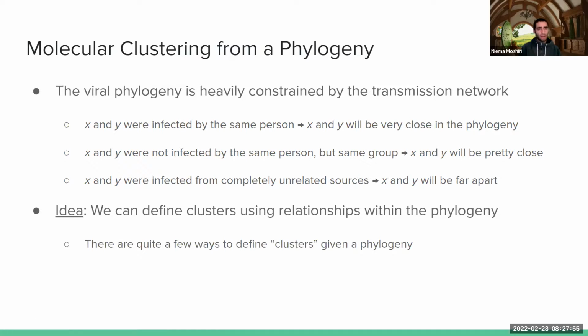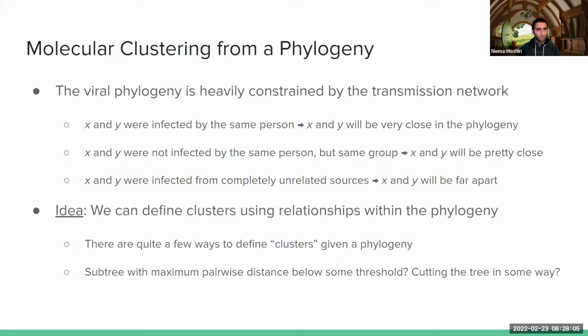And there's quite a few ways to define clusters given an evolutionary tree. Maybe you define them as like all subtrees where the maximum pairwise distance is below some threshold. Maybe you define it as I cut the tree in some way. Maybe I cut super long branches and the resulting subtrees are clusters.